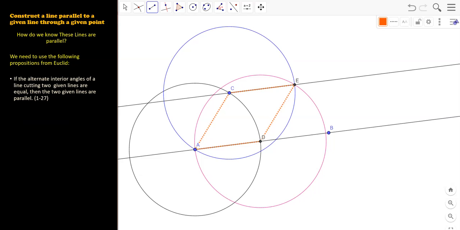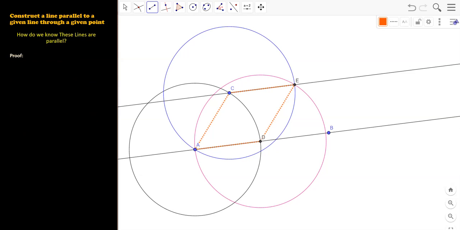The second one we want to know about is the so-called side-side-side congruence. If I've got 2 triangles and all 3 side lengths are the same, then the interior angles are also the same. Using just these 2 things, we can prove that lines AB and CE are in fact parallel.